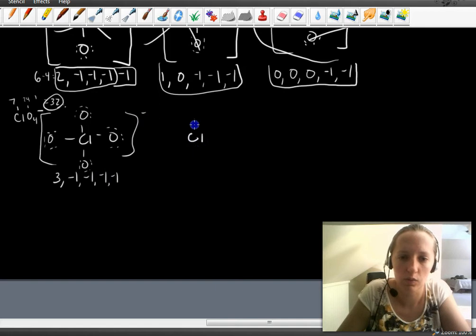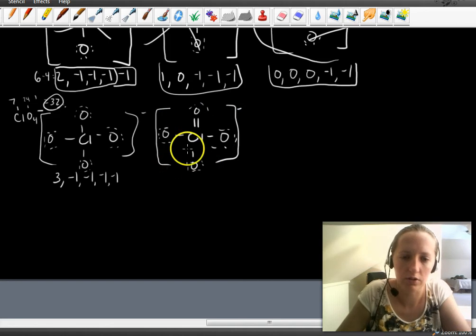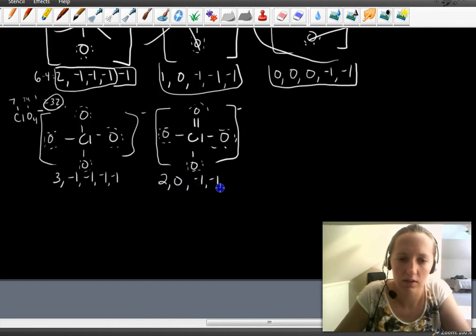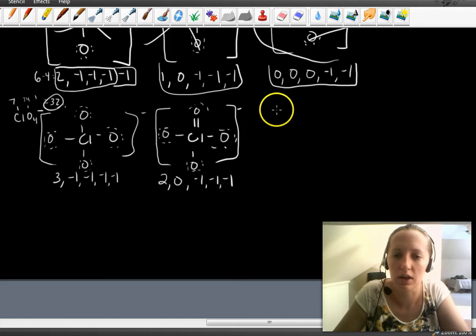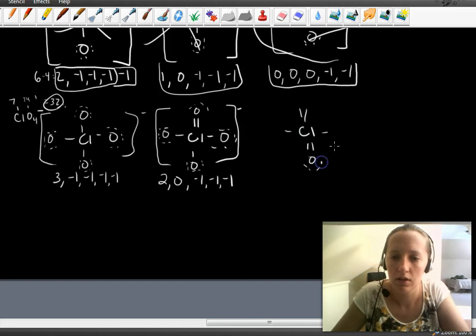All right, next we'll try it with 1 double bond. And our score is slightly better for chlorine now. We've got 5, so that's 2. And the double one is a nice 0, and then we've got 3 -1s again for those single bonded oxygens. And then chlorine can have maybe 2 double bonds, let's say.